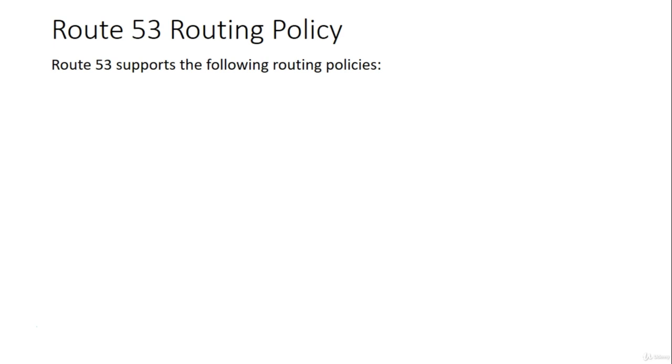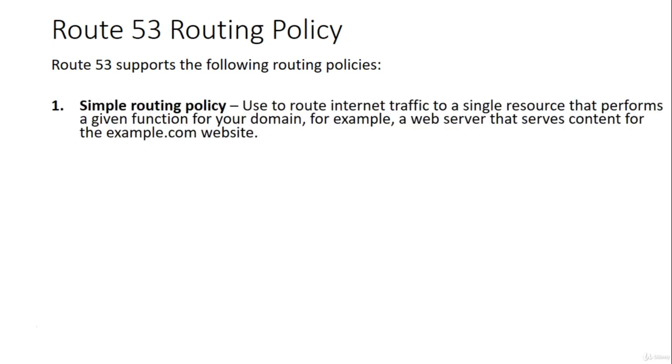Route 53 supports the following routing policies. Simple routing policy: the majority of websites use simple routing policy, used to route internet traffic to a single resource that performs a given function for your domain. For example, a web server that serves content for any example.com website.